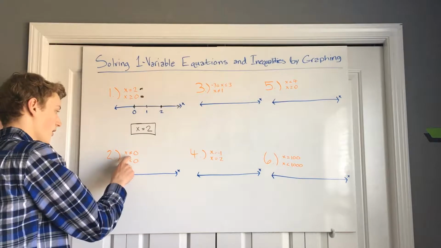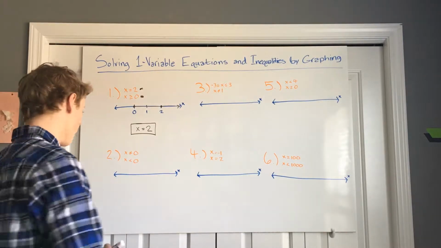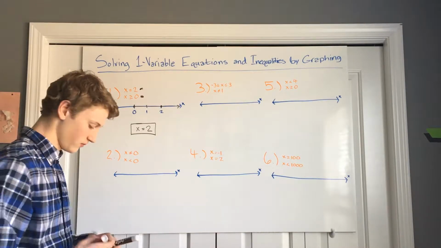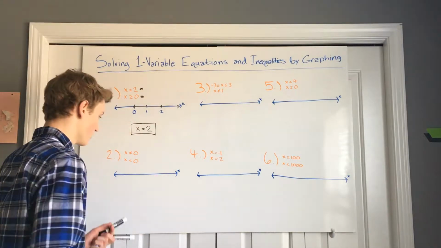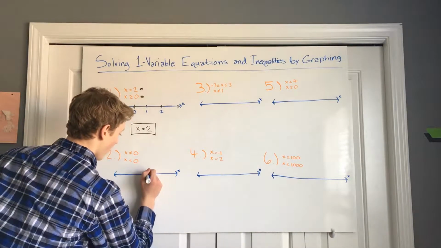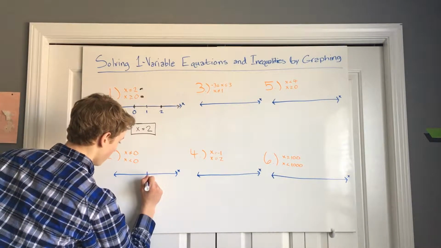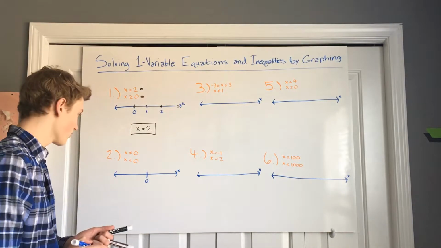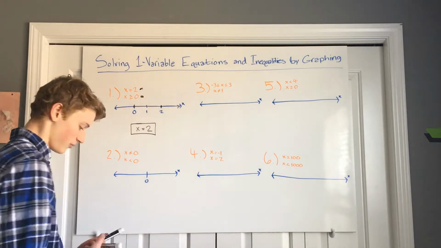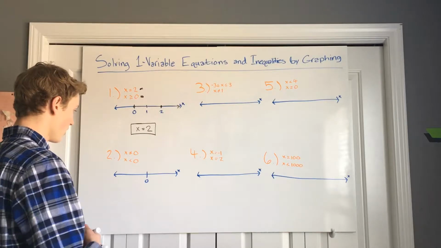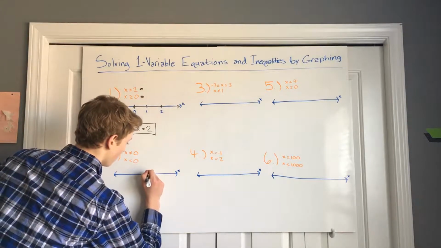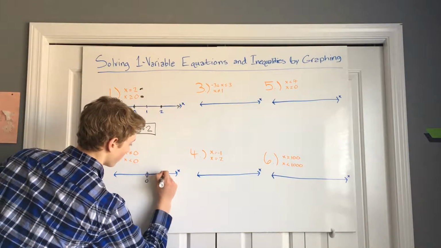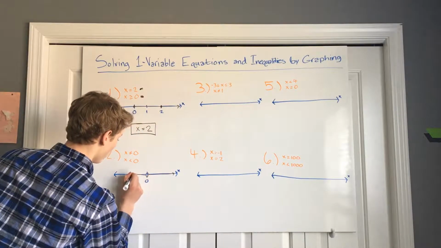Now, we have x is not equal to 0 and x is greater than 0. So I'm going to start by making that my 0. And since 0 is the only number, I don't need any other numbers in this. And see, it's going to be like that.